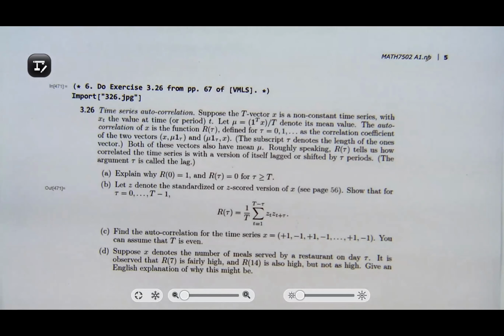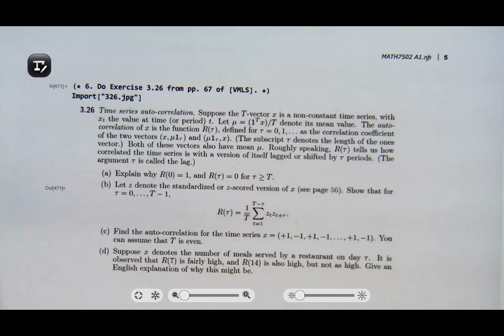Time series autocorrelation. Suppose the T-vector x. Let's just pause there. What is a T-vector? It means that this column vector x has T entries, uppercase T entries in it. It's a non-constant time series. That's a new and fancy word, but you can just think of it as a vector with T entries, where those entries have meaning.